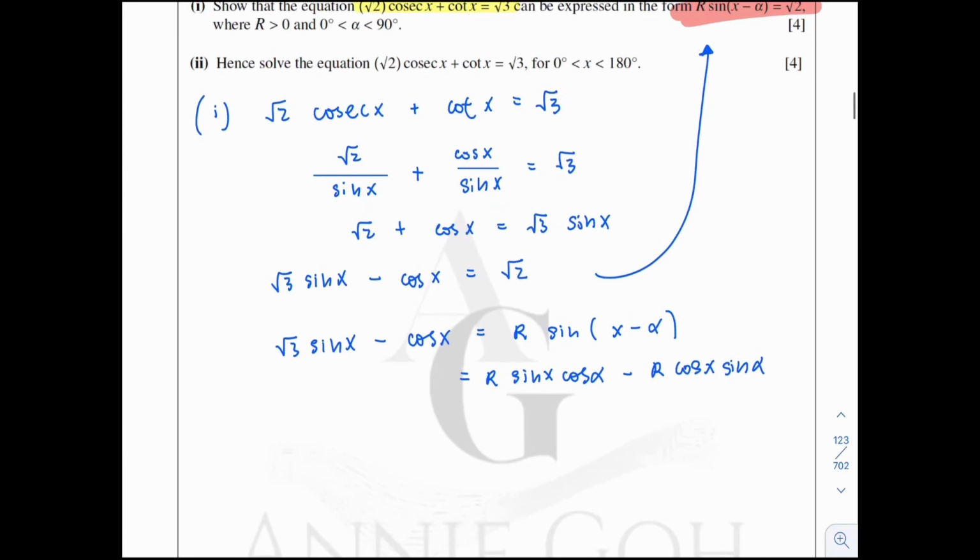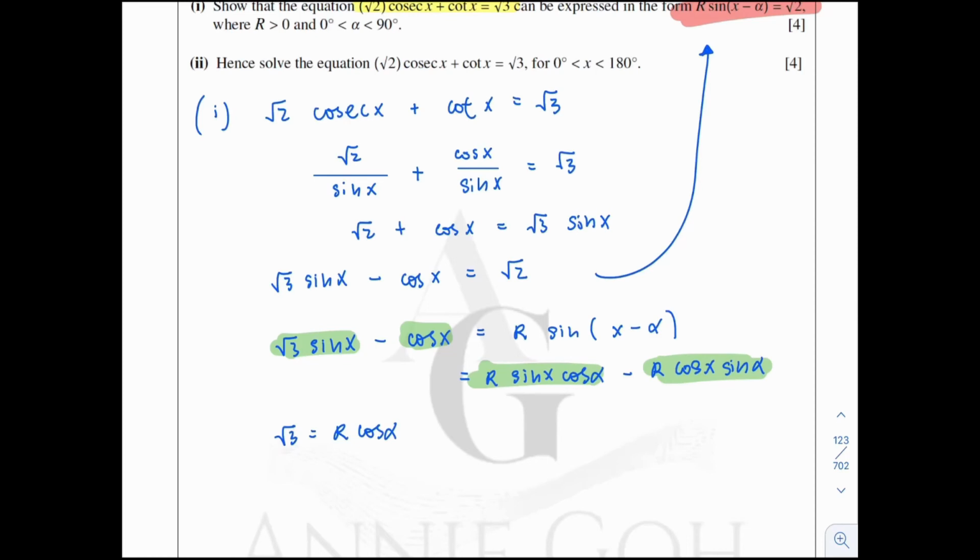And then when you compare to the left hand side, remember I mentioned this term, first term compared with the first term, second term with the second term. So for the first term, after comparing, you notice that square root 3 is actually equal to r cos alpha.